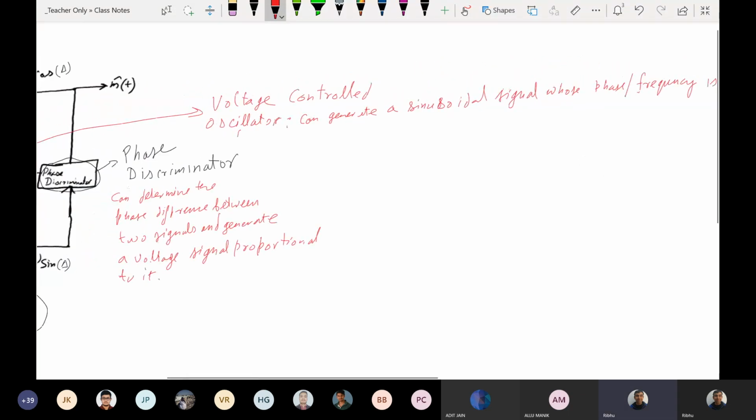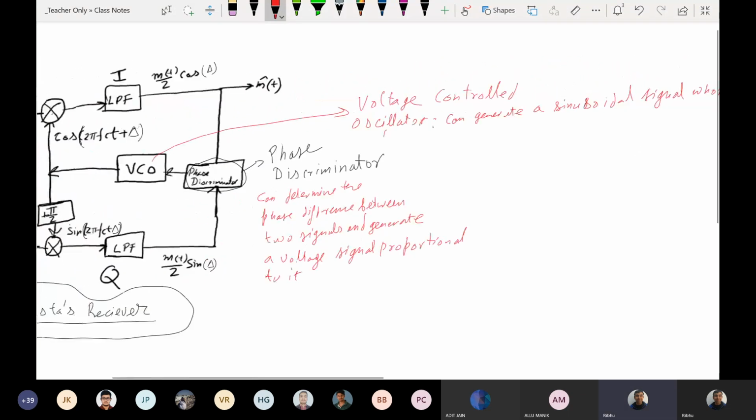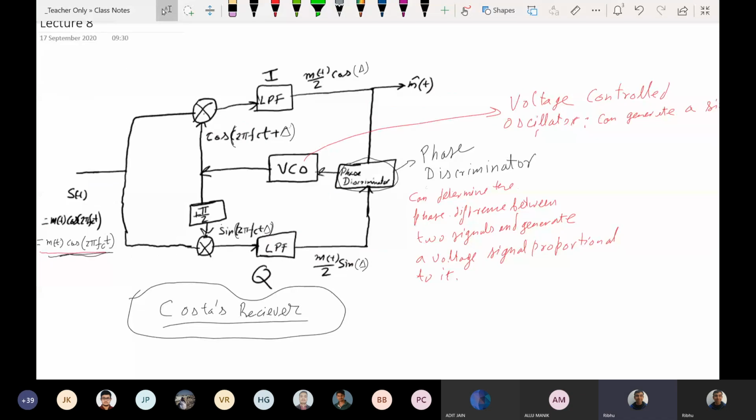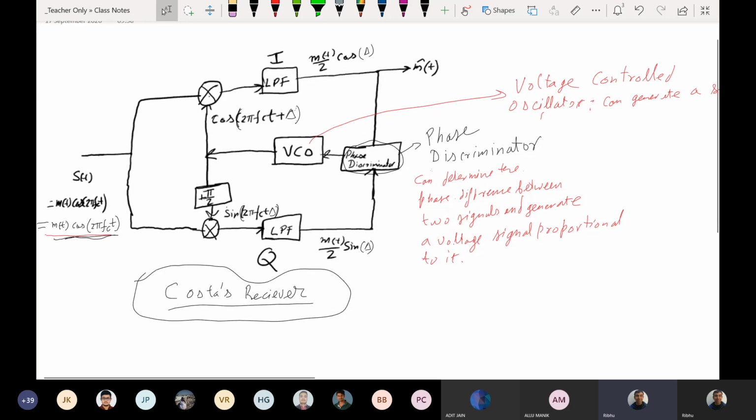The phase discriminator can determine the phase difference between two signals, whether it is 90 degrees or not.